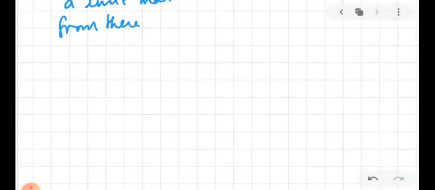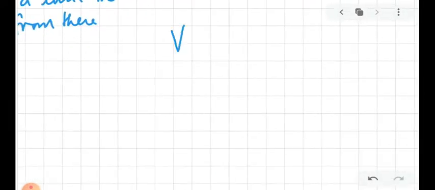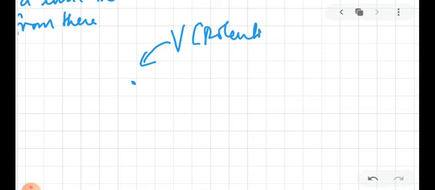Similarly, this V is in fact the representation of potential. Suppose you had a point, and at that point there was a certain value for potential.